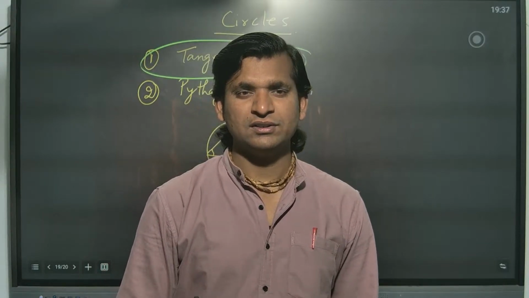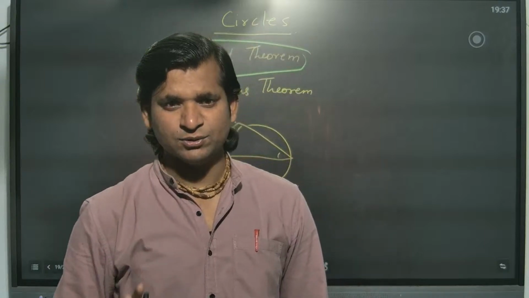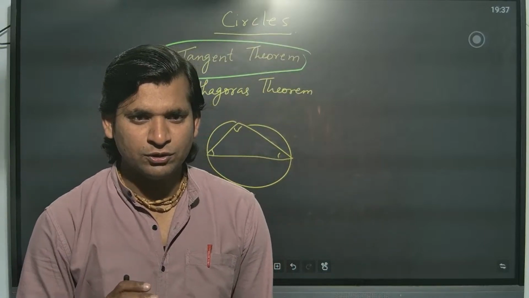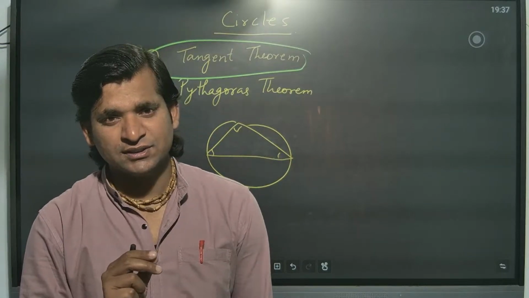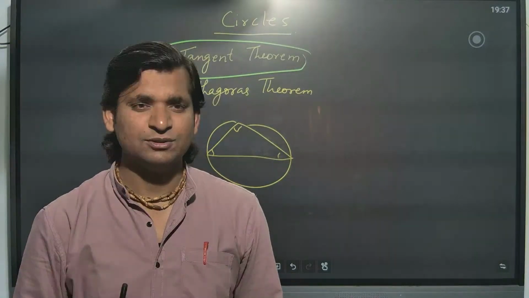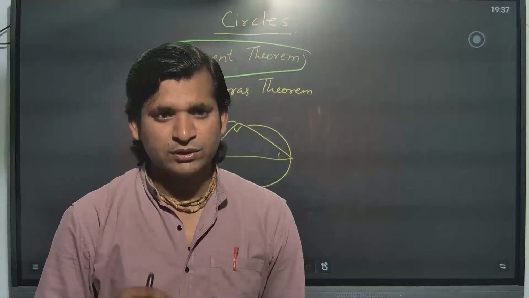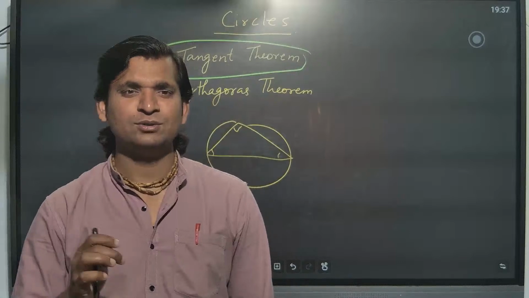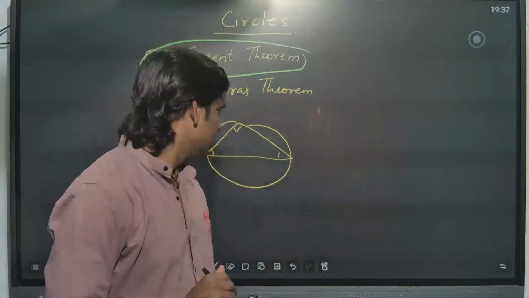Even if you don't know, you have to attempt the question. Don't leave a single question. If you don't know, at least write what is given in the question. From which chapter is it? Okay. So related to that, put the values in the formulas. So to whatever extent you can, do it for that chapter.